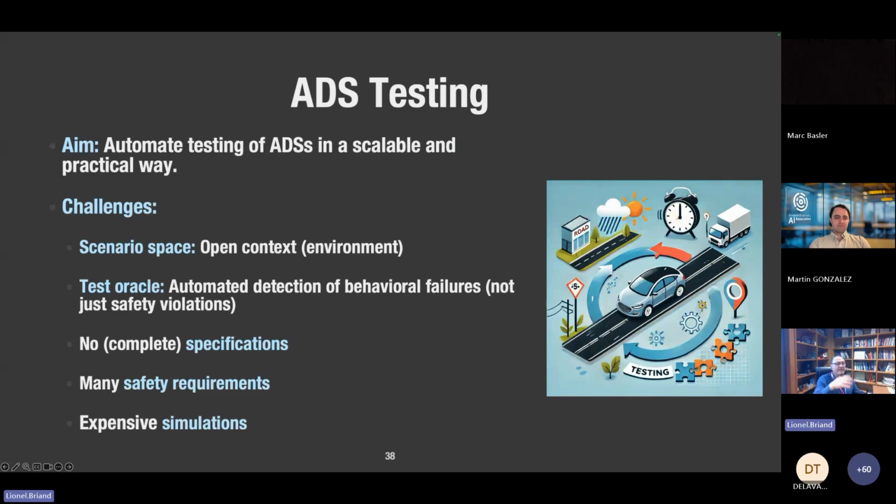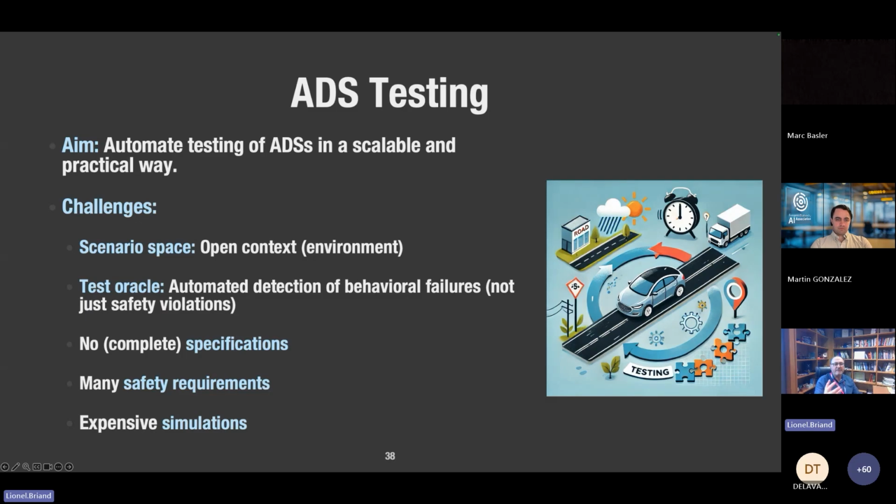The challenge is that there is an enormous scenario space, an open context, like many autonomous systems. Also, we have the test oracle problem. How do we detect automatically unacceptable behaviors? We cannot just rely on obvious misbehaviors, such as blatant safety violations. We have no specifications, of course, for such systems, really, except the safety properties. And we have many such safety properties, unfortunately.